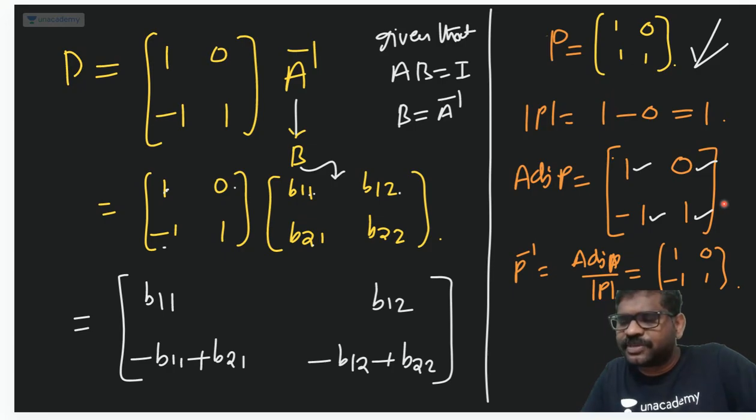Yes, Punjabi. That is called innovative thought. If AB is equal to I, CD equal to I, can you write AB equal to CD? Product of two matrices is the identity matrix. All the matrices are equal.